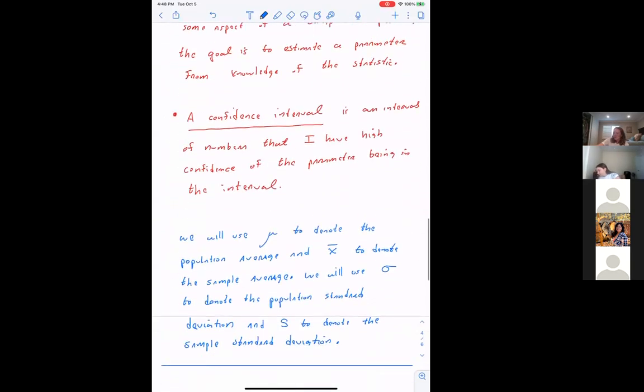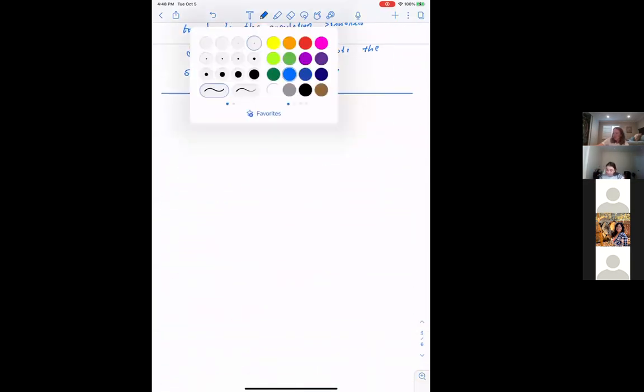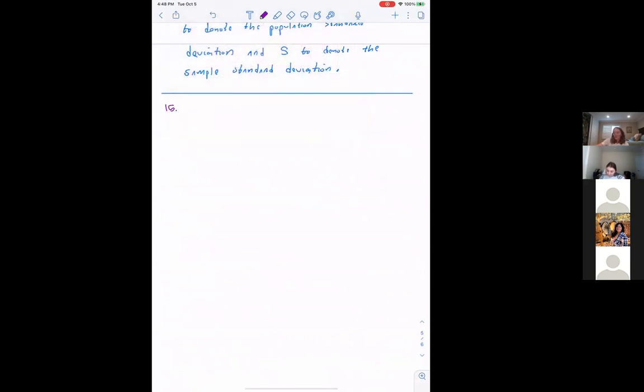Section 15.2 is on statistical estimation and the law of large numbers.